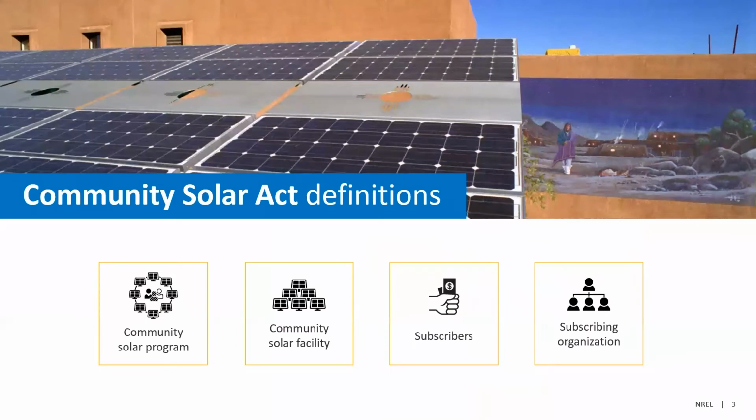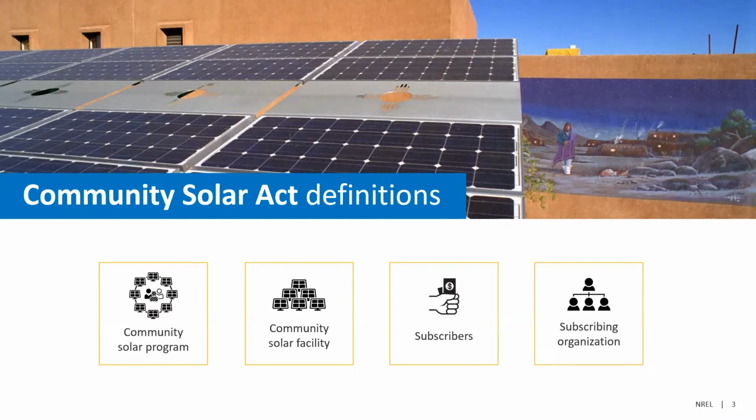We are here collaborating over the next 2 days to specifically discuss New Mexico's Community Solar Act. So it's key to know how the Act defines these categories that I've outlined here on this slide. Community solar program will allow for development of community solar facilities. The community solar facility is a facility that generates electricity by means of a solar PV device to subscribers.